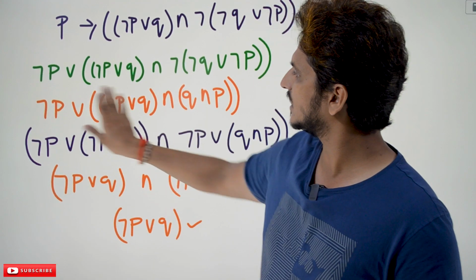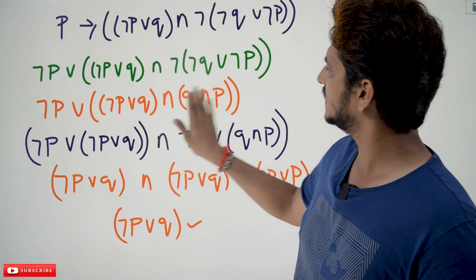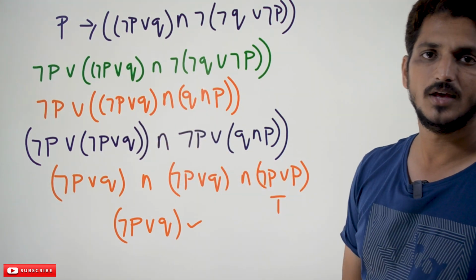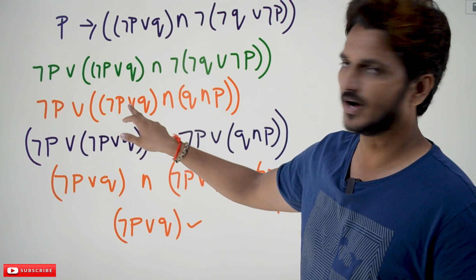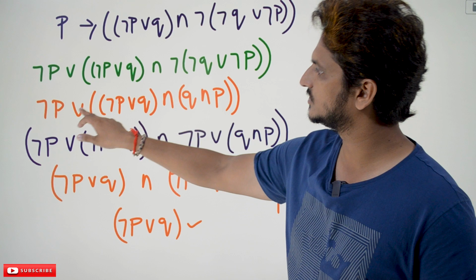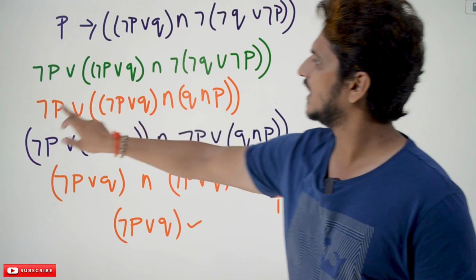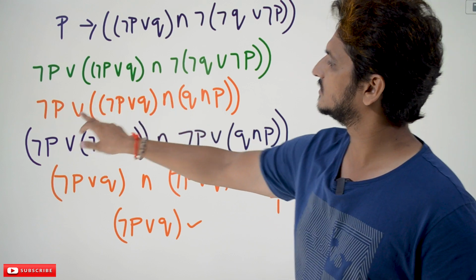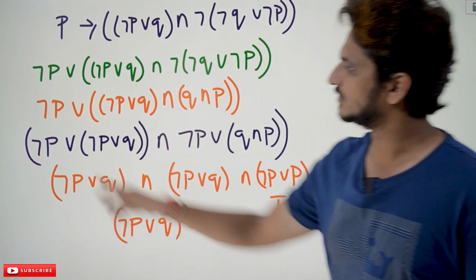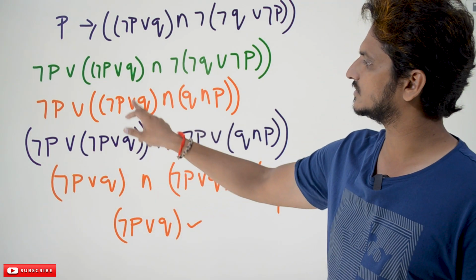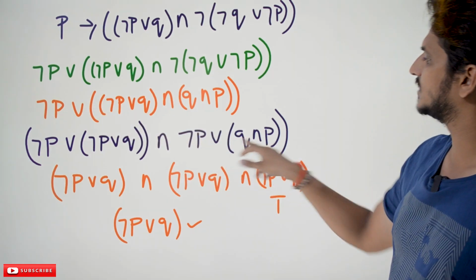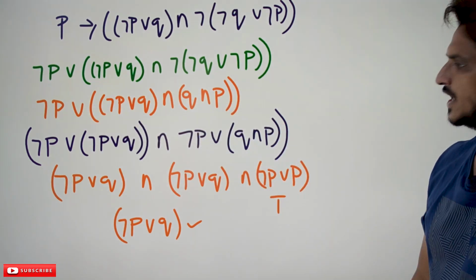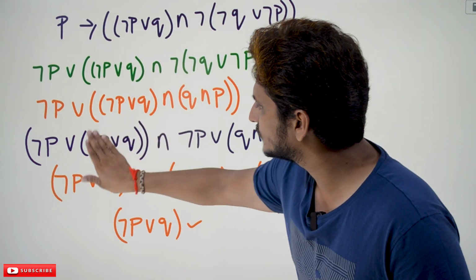X, disjunction, this part as Y, conjunction, this part as Z. If you apply the distributive law, X disjunction Y, conjunction, X disjunction Z. So negation P, disjunction, this Y, conjunction, negation P, disjunction, this Z. This is in the form of product of sums.